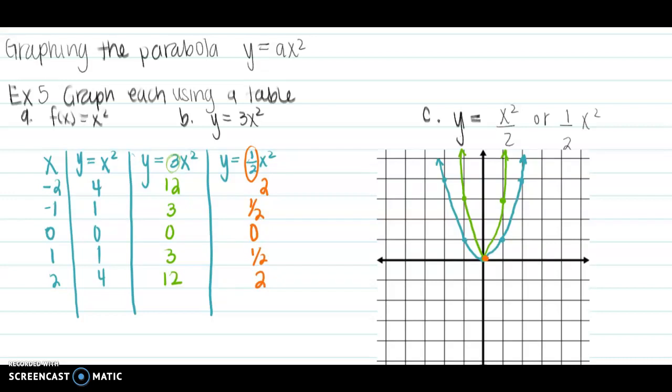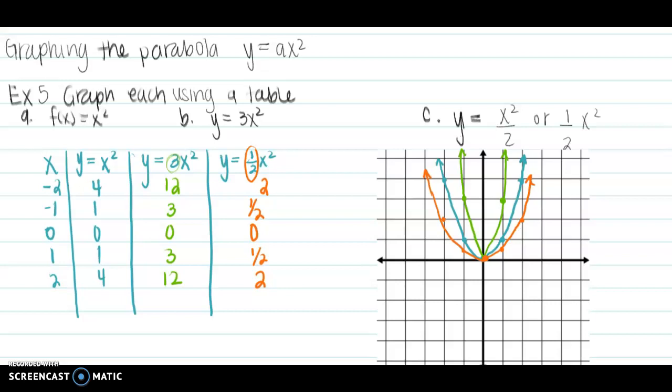And then 1, 1/2. And negative 1, 1/2. And then we have 2, 2. And negative 2, 2. All right, so that's our graph.